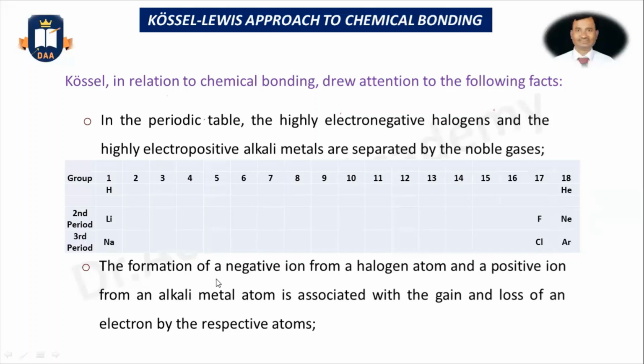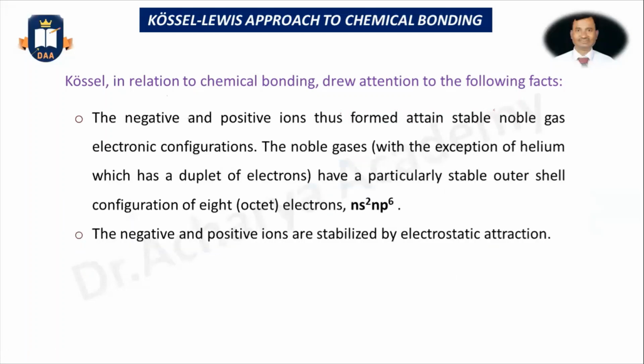So the formation of a negative ion from a halogen atom and a positive ion from an alkali metal atom is associated with the gain and loss of an electron by the respective atoms. That means what Lewis suggested, KÖSSEL independently suggested the same thing: alkali metals lose the electron and halogen atoms gain the electrons to form a bond.